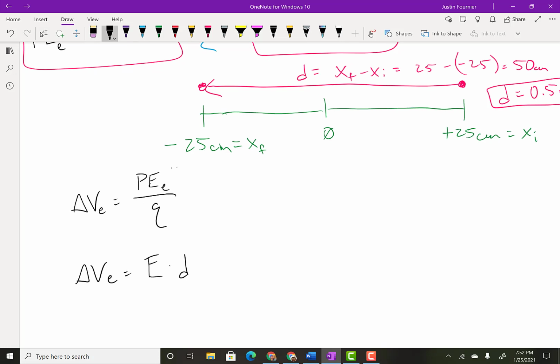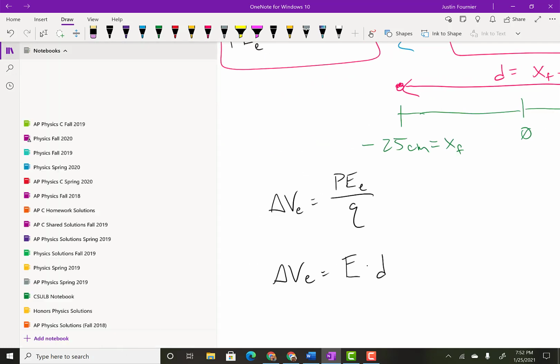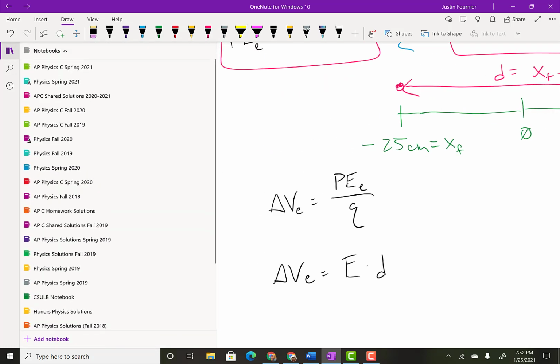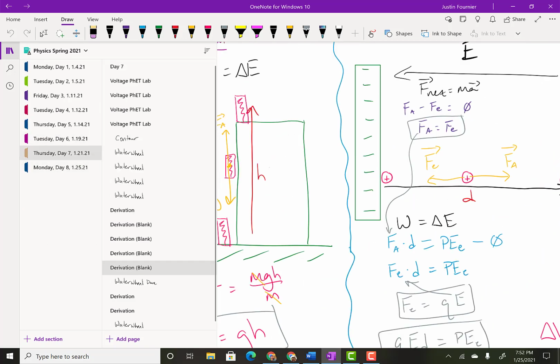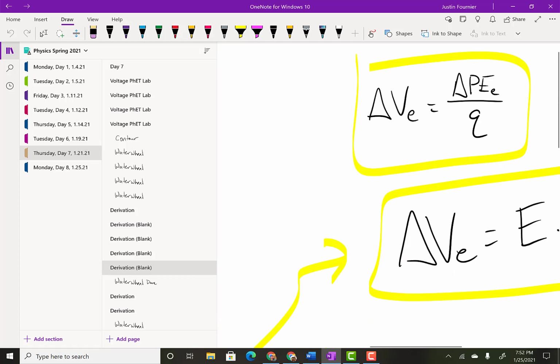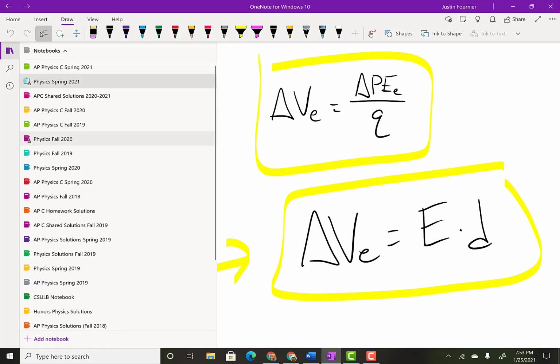Those are the two equations from the lecture. If I go back to the lecture here really quickly that we did on Friday, these were the ones I said you would need for your homework. So let's go back.